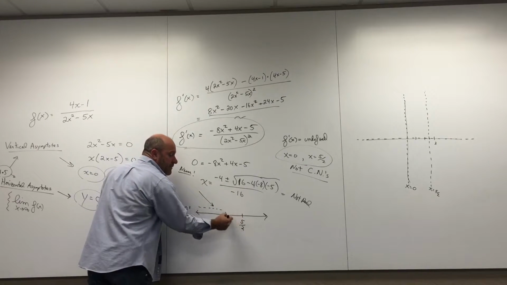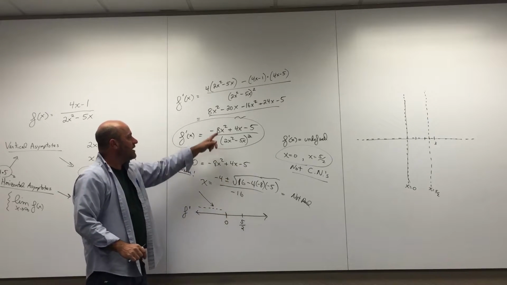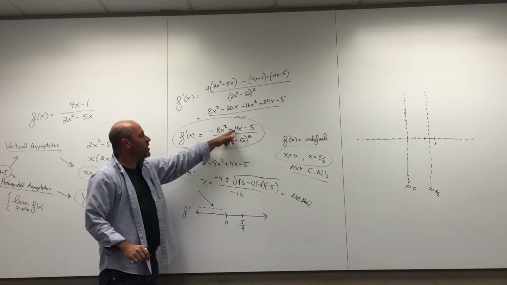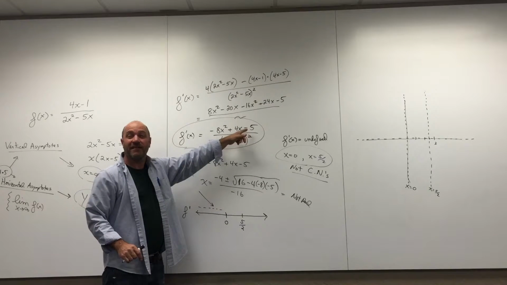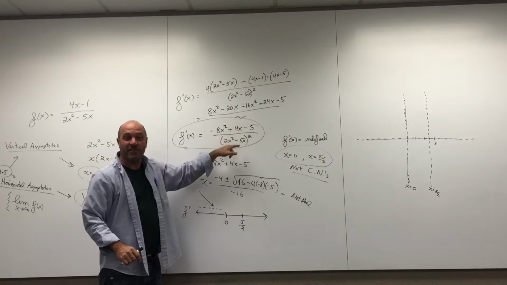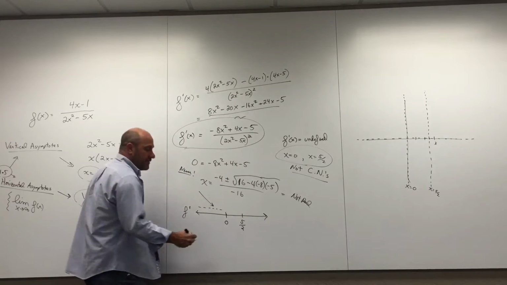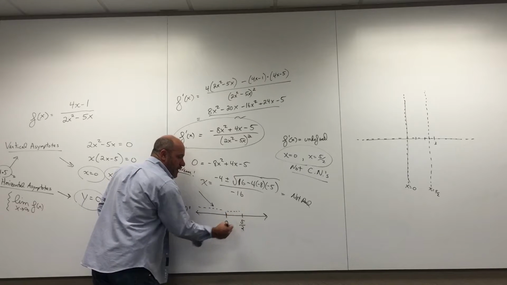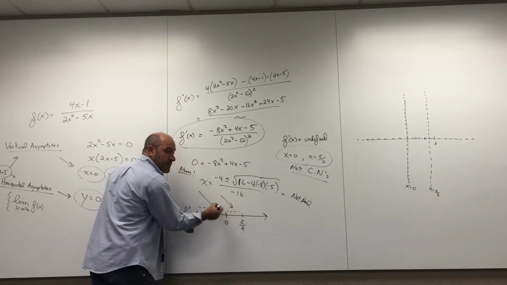Let's try something in here. Let's try a +1. That's -8 + 4 -5. I think that's negative. And the denominator's positive, so that's negative. So it's decreasing.